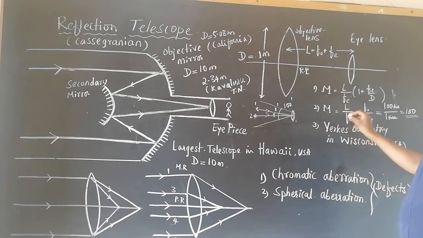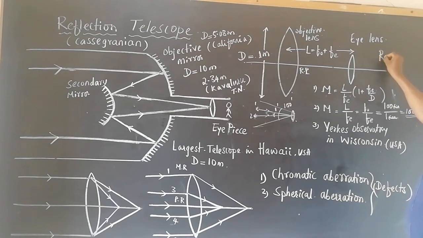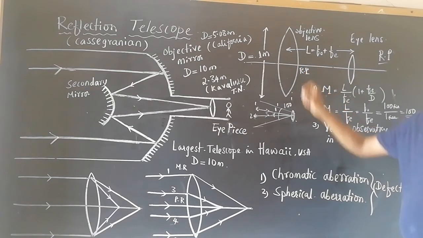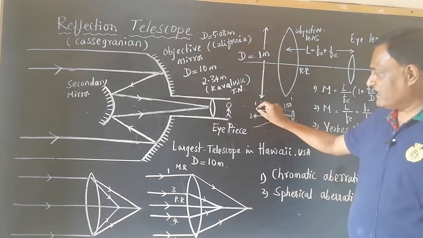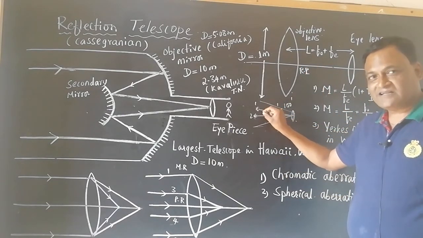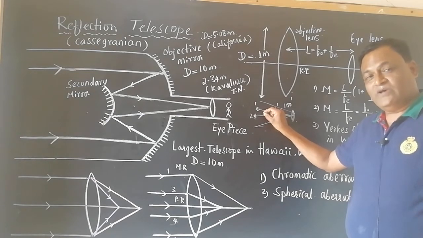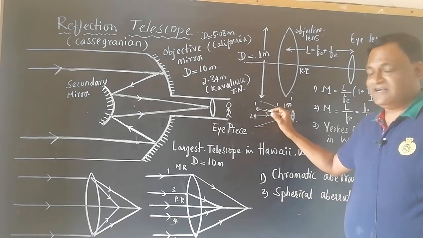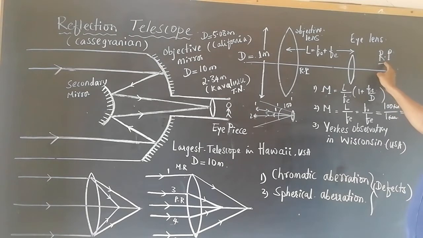Apart from angular magnification, there is another concept called resolving power. The ability of the telescope to see two closely lying stars as well separated is called resolving power.